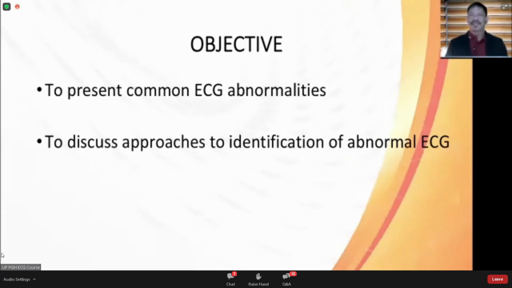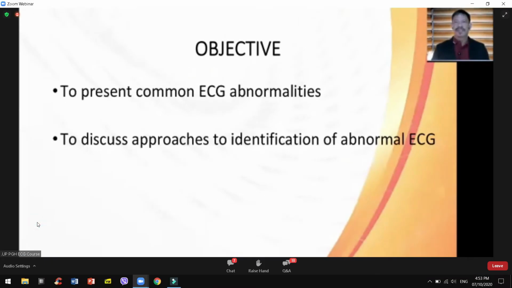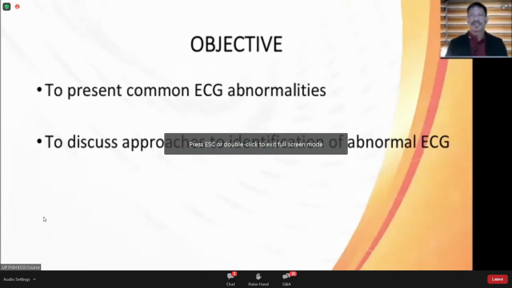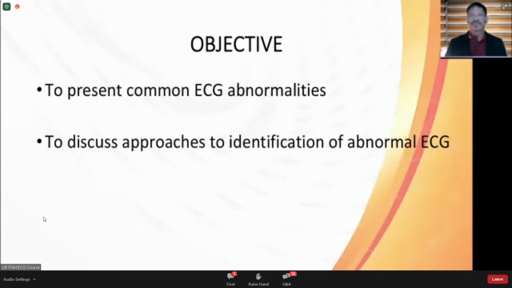We will not discuss all the criteria, but will highlight some of their features that are helpful in identification. The main reference for this presentation is our ECG book, My First ECG Handbook. Furthermore, we won't cover all abnormalities, the combination of specific abnormalities, nor discuss the electrophysiologic mechanisms or etiologies.